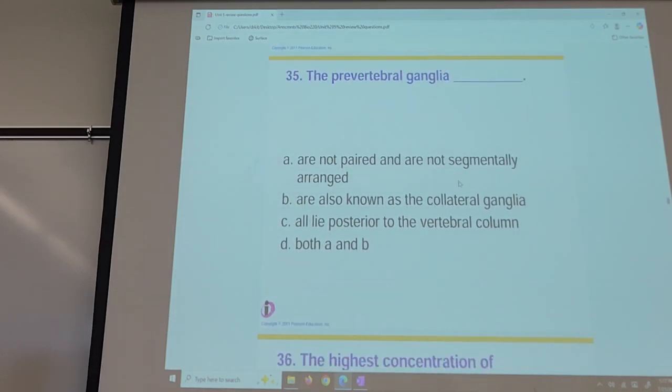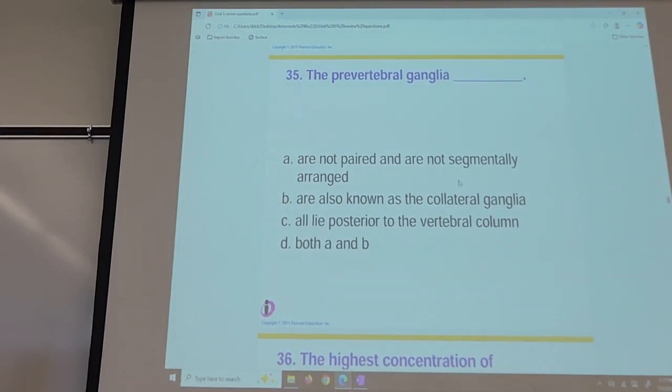The prevertebral ganglia. Prevertebral ganglia are not paired and not segmentally arranged.